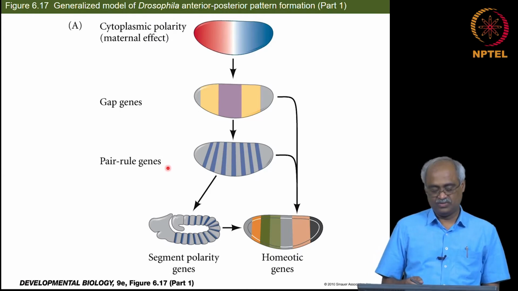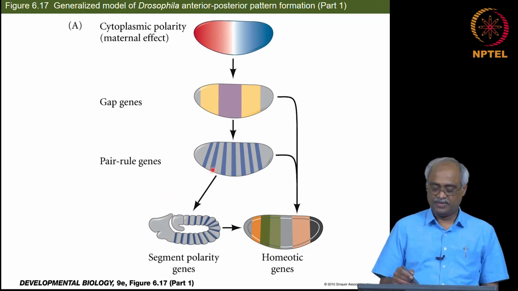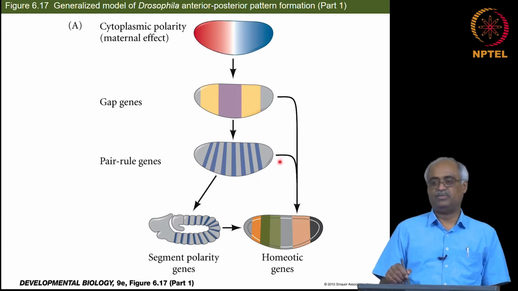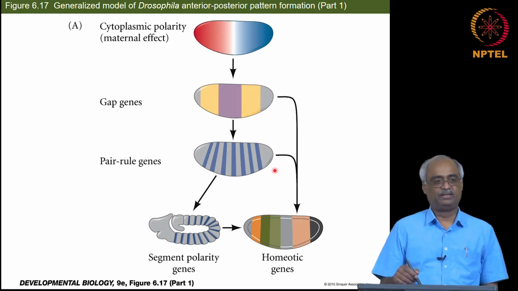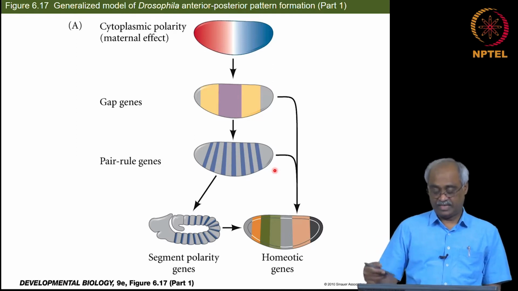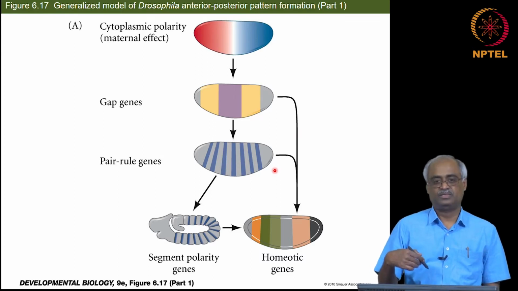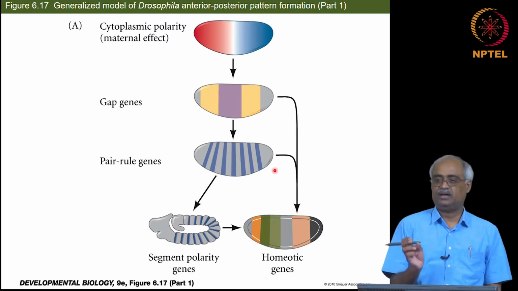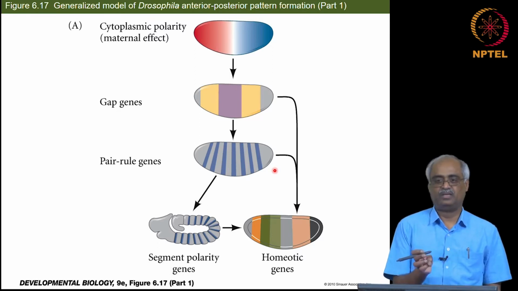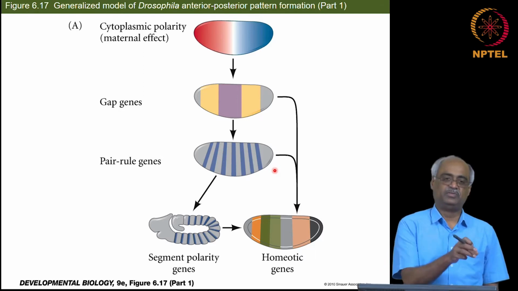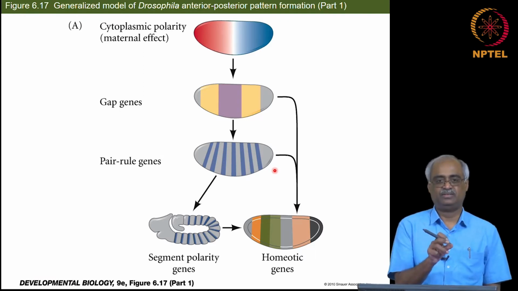They are called so because of the stripe-like expression pattern they form, and they usually affect every other segment finally in the larva that forms. You understand segments, right? Some of the organisms have a segmented body pattern. If you take any insect and look at it, you can clearly see an abdomen segment and a thoracic segment where you have the legs and the wings, and then you have the head where you have the antenna, etc. You can see this in any insect.